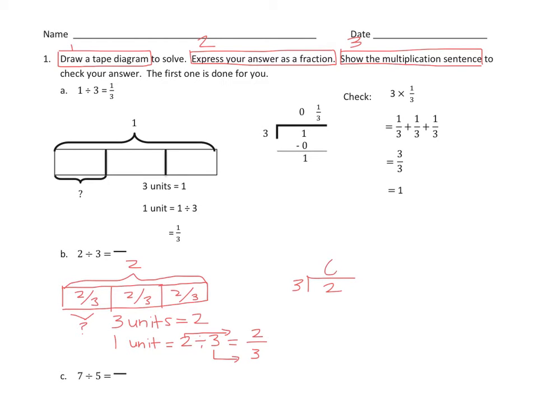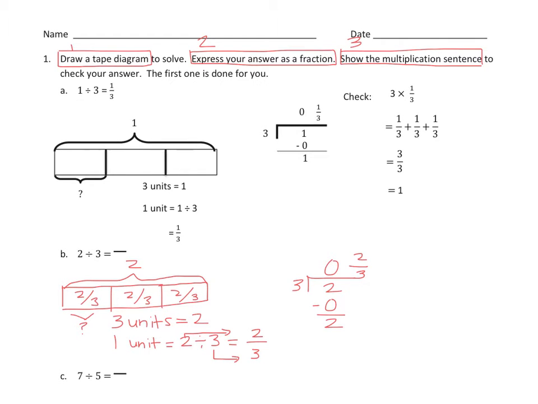So that's going to be 0. 0 times 3 is 0, and that means what's going to be left over when we subtract? We have 2, and that's actually going to be our answer. Our answer is going to be 2/3. Our remainder becomes our numerator, and the divisor, the number we're dividing into groups, is going to be our denominator.